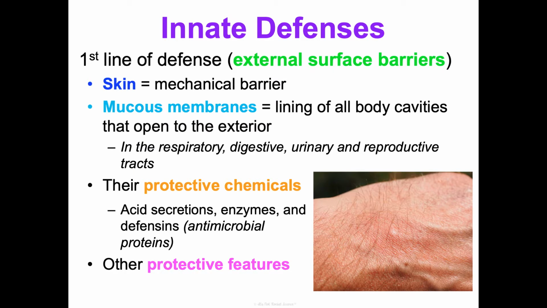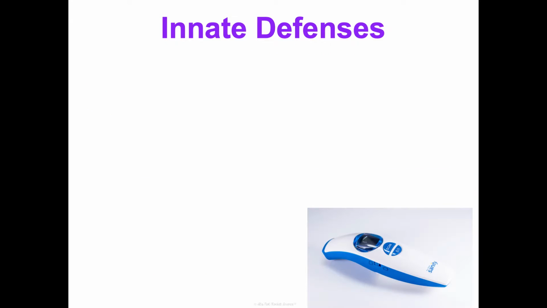And then you also have other protective features associated with your skin and these mucous membranes, like your nasal hairs or cilia in your respiratory and digestive tract, and mucus in general. All of those things also play into this first line of defense in protecting your body from pathogens.